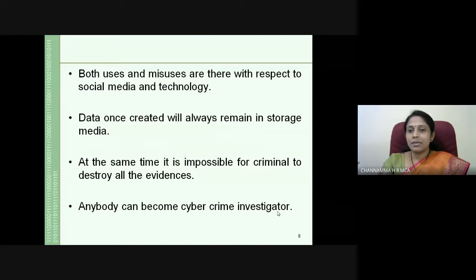So anyway, the whole theme we have to understand is that cybersecurity is not just a technical problem, isn't it? Hence, all of us must have awareness. All of us must think like a cyber crime investigator. We have to get updated on how a criminal commits a crime.